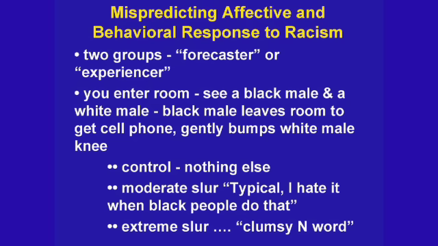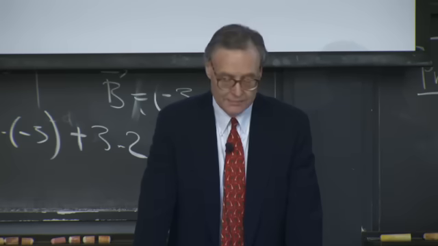They took two groups of college undergraduates and randomly assigned one to be in the forecaster group. That's a group that tells you how they think they would feel and how they think they would act under a certain circumstance. And then an experiencer group. That's a group who actually undergoes an experience, and I'll tell you what that is now.